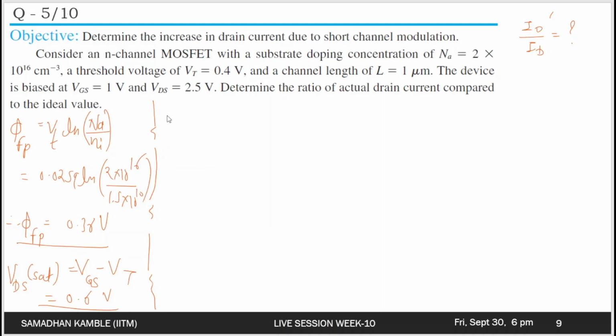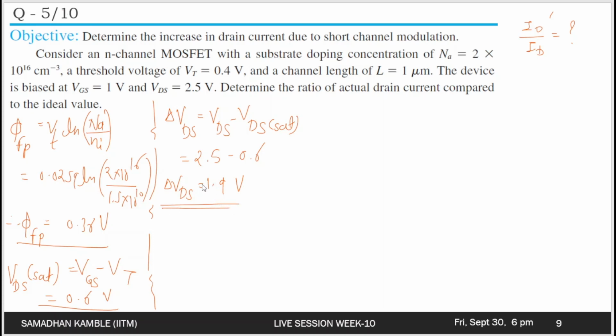Now let us find out the third parameter, that is delta VDS, and this is given by VDS minus VDS saturation. So VDS is 2.5 volt, 2.5 minus VDS saturation, 0.6 that we determined. So it will give us the delta VDS of 1.9 volt.